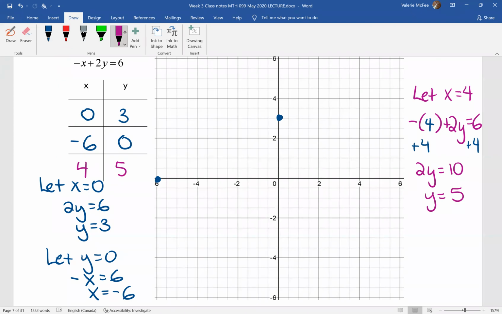So we have a point at 4, 5. That seems to confirm that my x and y intercept were correct. We can draw a straight line and it goes through all 3 points. The important thing here is that we used the intercepts to graph.